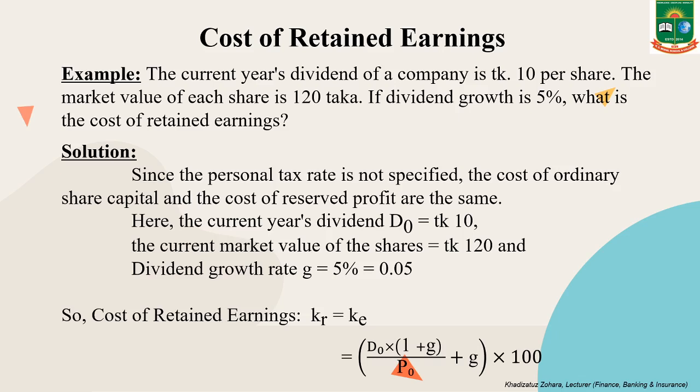Here, the current year's dividend D0 is given as taka 10, the current market value of shares P0 is taka 120, and the dividend growth rate G is 5%. So we know the cost of retained earnings KR equals KE, as there is no personal tax rate, and KE = D0 × (1 + G) / P0 + G × 100.